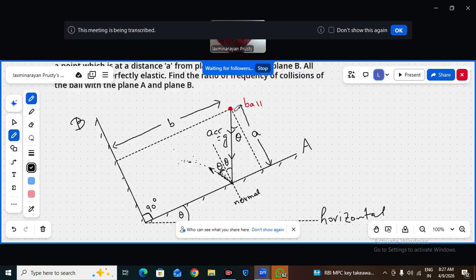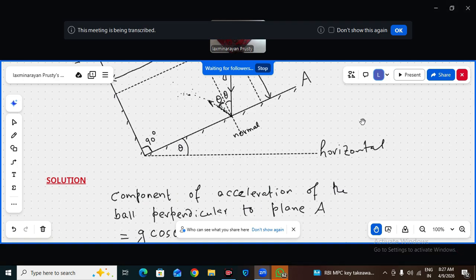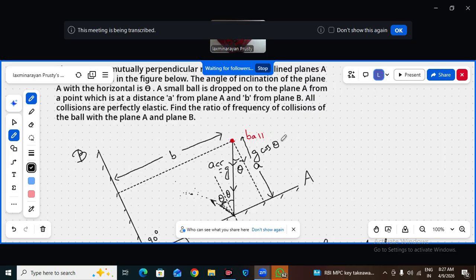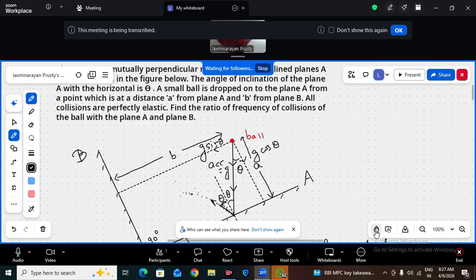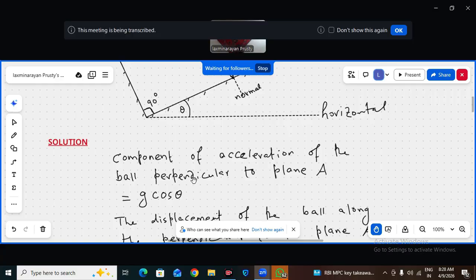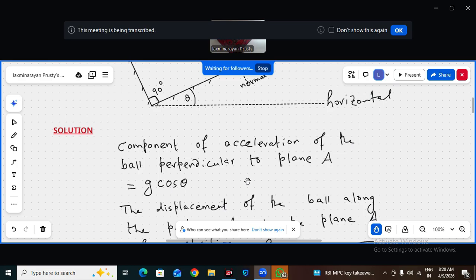The component of acceleration of the ball perpendicular to the plane A will be g cos theta, and along the plane it will be g sin theta. Yes or no? So the acceleration component of the ball perpendicular to the plane A is g cos theta.